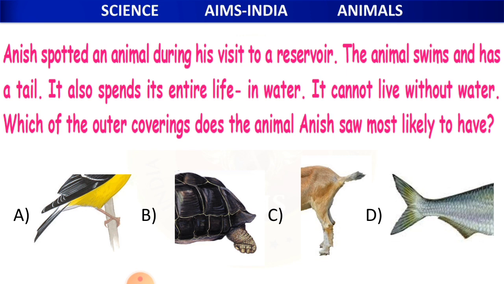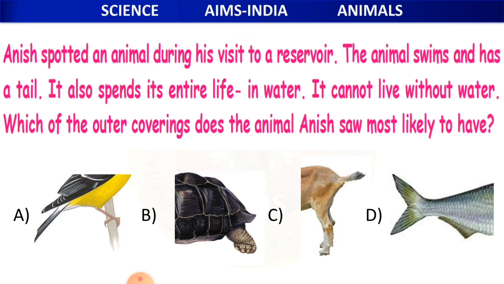It can swim and it has a tail. It spends its entire life in water. In the sense, it lives only in water and it cannot live without water. Which of the outer coverings is the animal Anish saw most likely to have?